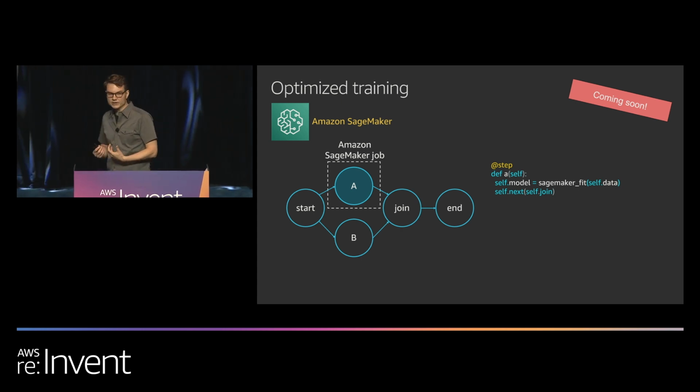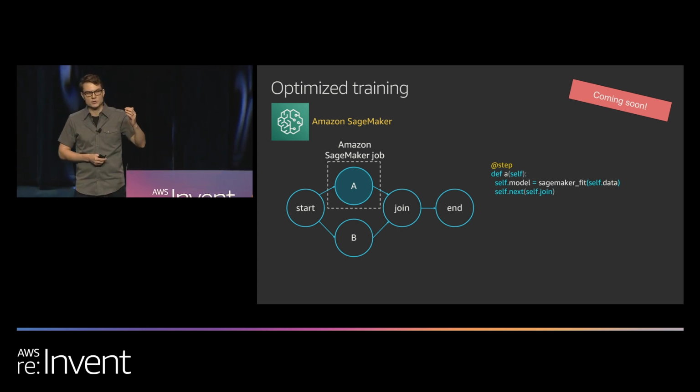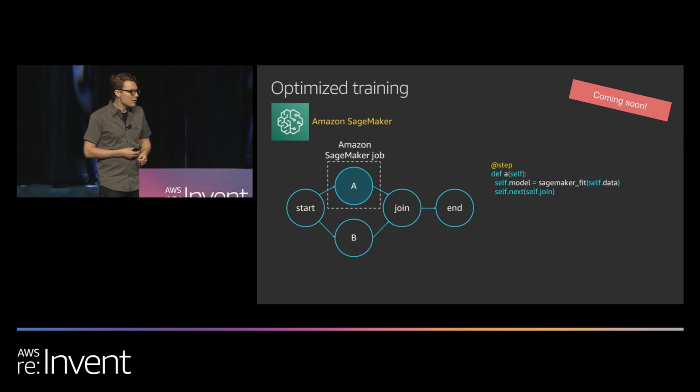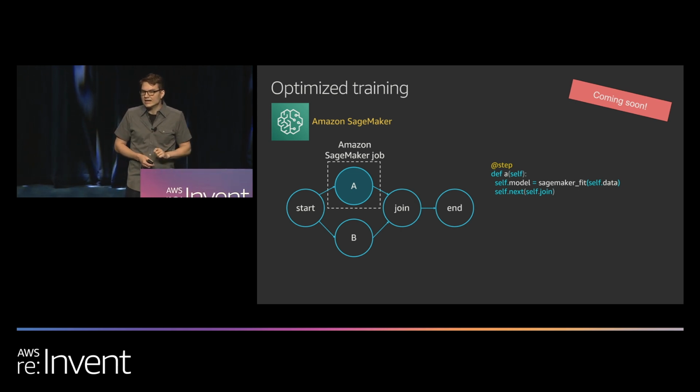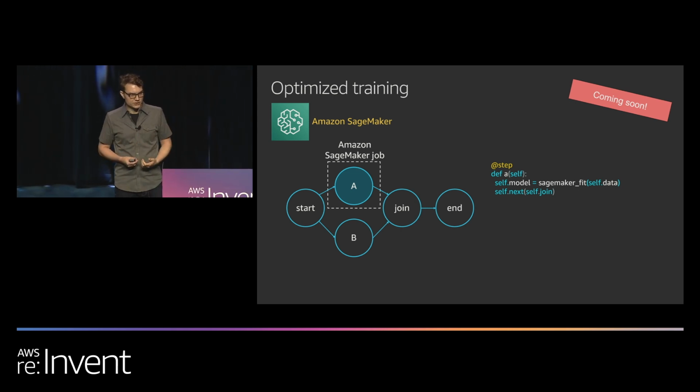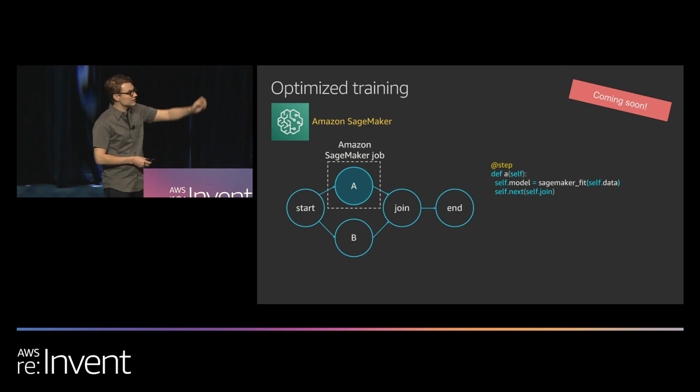Of course, SageMaker already comes with a very high-level, highly productive API for data scientists. But one nice integration we have done here is that typically when you use SageMaker, the data scientist has to manage the S3 location where the data goes. So you have to say that my data lives here and my model goes here, and then you have to load and store data again. When you are using SageMaker in Metaflow, you can just say, here's my data set, it's this artifact.